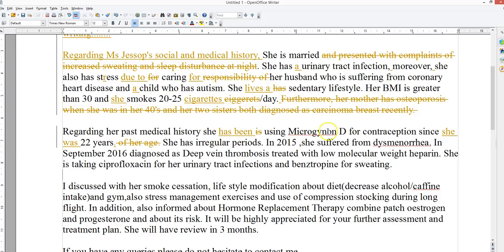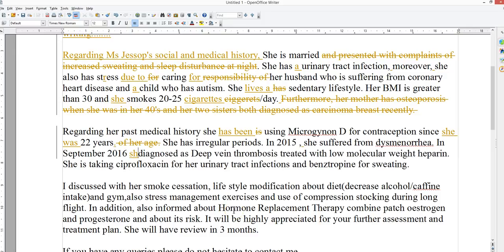She has been using Microgynon D for contraception since she was 22. Also, she has irregular periods, and in 2015, I don't know if all of this is pertinent or relevant. In 2016, well, we need a subject.